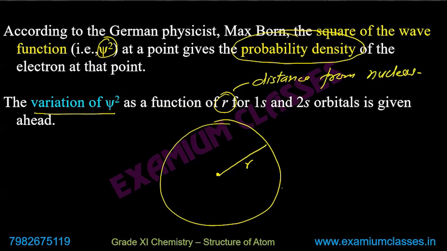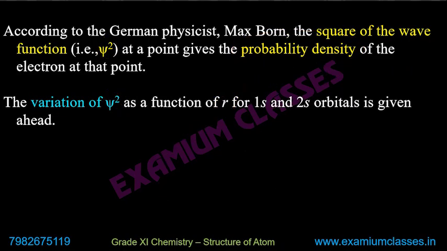If we move from the nucleus outward, what will be the density of electrons? If electron density is higher, it means the probability of finding an electron in that region is high. And that density is given by the square of the wave function psi.